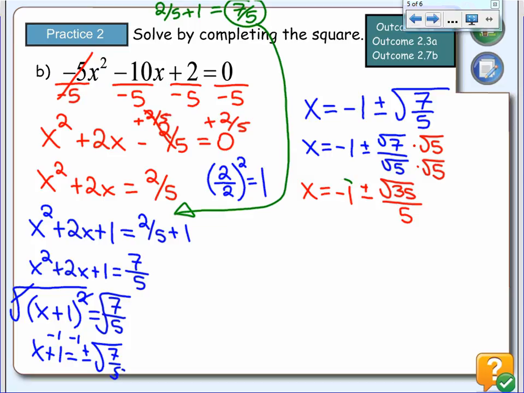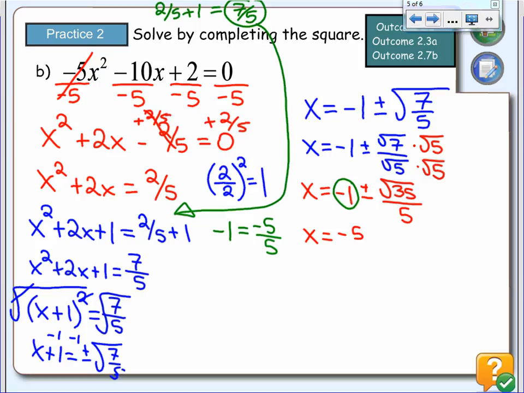So -1 can actually be changed to be -5 over 5. See how they have the same denominator now? So we rewrite this as x equals -5 over 5 plus or minus root 35 over 5.